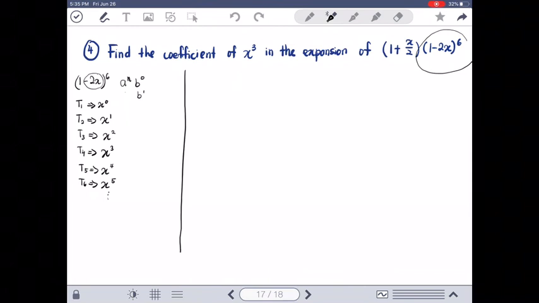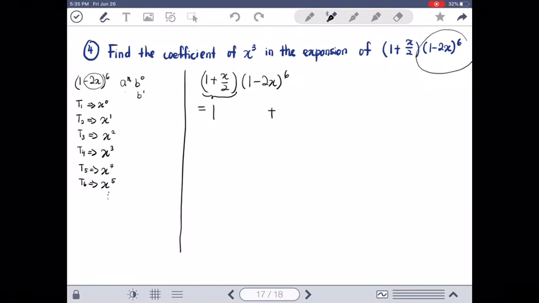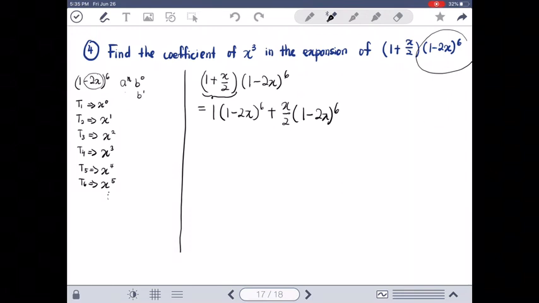And then, if you look at the question, we have 1 plus x over 2 multiplied with 1 minus 2x to the power of 6. So by the normal expansion, we know that we take the front, put it like that, and we take the behind, and we rewrite it like that. That is the basic technique of expansion.